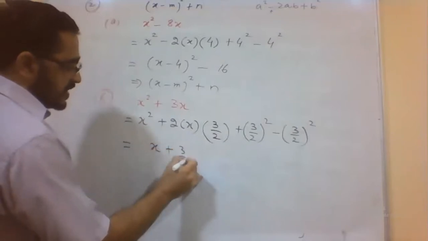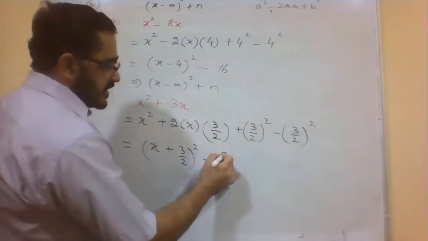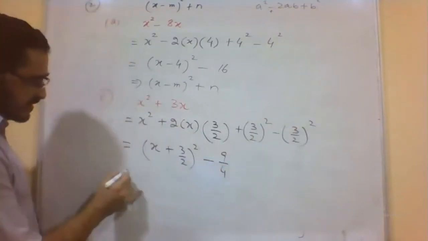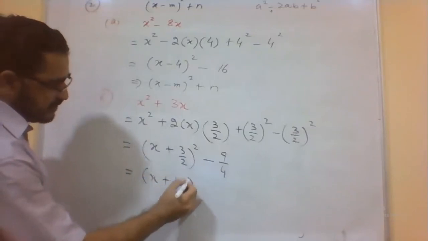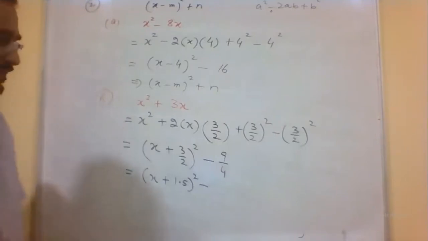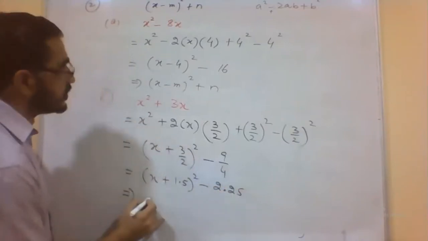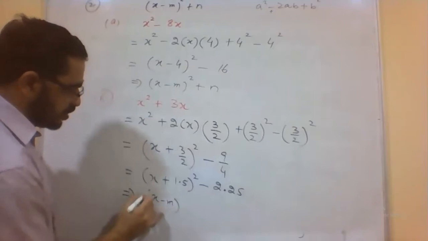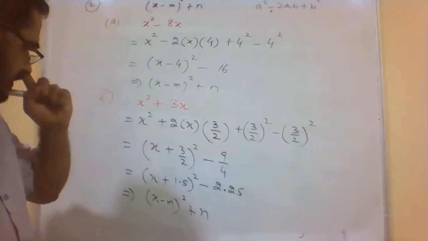A plus b is 3 divided by 2 whole square, minus this extra, 3 square is 9 divided by 2 square is 4. Then we can write this one: x plus 3 divided by 2, which is 1.5, square, minus 9 divided by 4, that will be 2.25. This is the form x minus m whole square plus n.